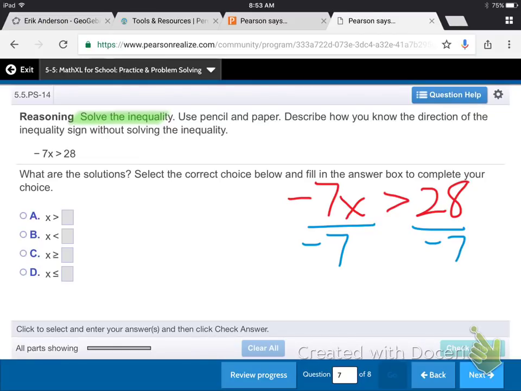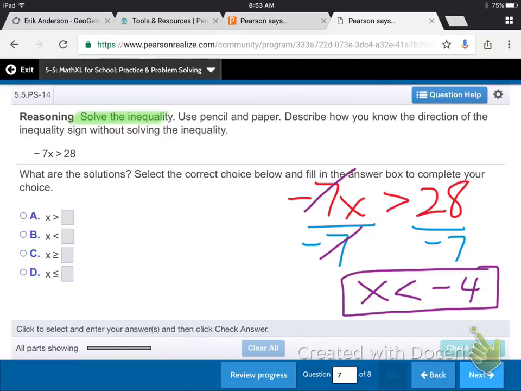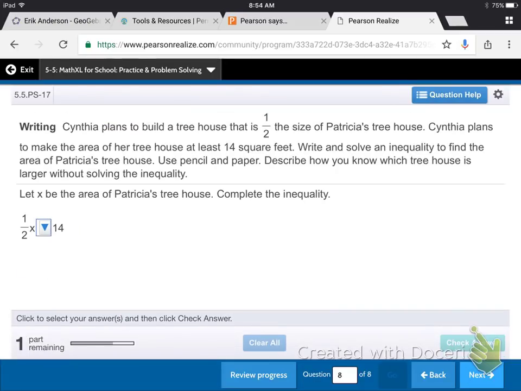We do that because we want the negative 7s to cancel. That's 1 and leaves x, but we divided by a negative, so the inequality has to switch the way it's facing. And 28 divided by negative 7 is negative 4. So we knew it was going to be answer choice B, and now we know what to fill in the gray box, negative 4. All right, boys and girls, last question.